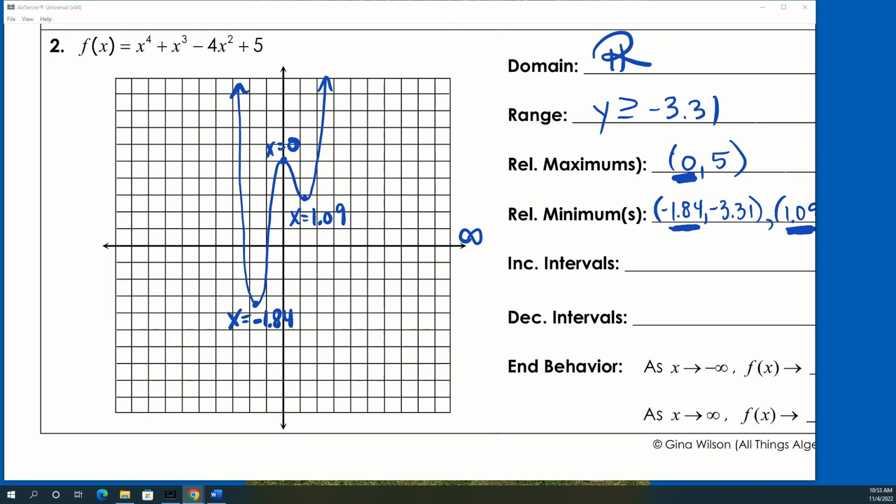Right side is infinity, left side's negative infinity. Okay, those are the only numbers we're going to use whenever we're given our intervals. Okay, so I can tell that if I'm going from left to right, this is increasing, this one's increasing. All right, this one's falling or decreasing, and so is this one.